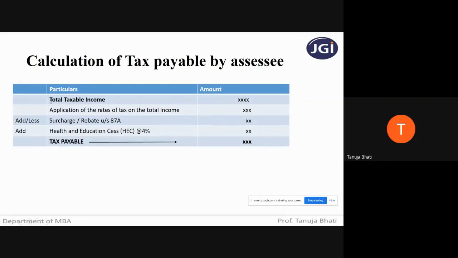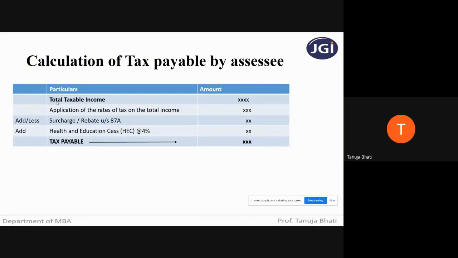Now, we'll just revise what is this total taxable income. Like I have already told you all in the lecture number 2 how to determine the total taxable income of an Assessee. That is, first you will determine the residential status. Based on that, you will classify the 5 heads of income, that is income from salary, house property, profits and gains from business and profession, capital gains and other sources. Then individually you will calculate what is the income falling under each of these heads.